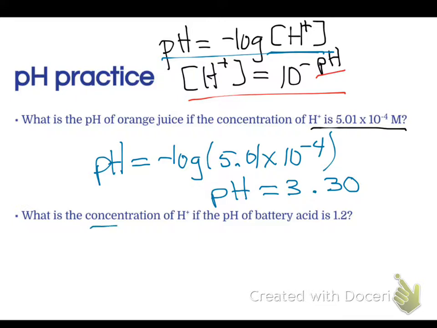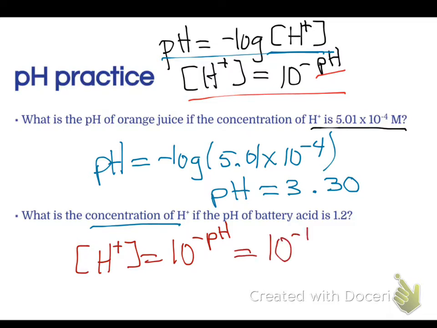Okay, in the next problem it says, what is the concentration of H plus? So I'm guessing we probably are going to want to use the other equation because that solves for H plus. Okay, so that means I need to figure out what the pH is. It says the pH is 1.2, so we're going to just write 10 to the negative 1.2. And so I put that into my calculator, however the calculator requires you to do it.